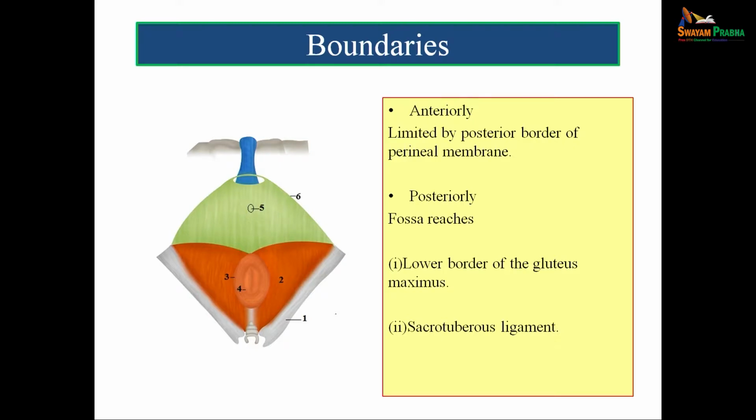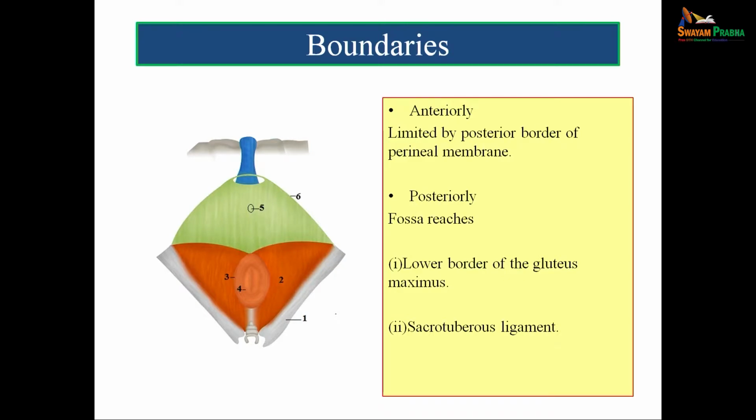So, this green structure which you see here, that is the perineal membrane. Its posterior border forms the anterior relation of the ischiorectal fossa. Posteriorly, the fossa reaches the lower border of gluteus maximus, and the sacrotuberous ligament is also forming the posterior boundary of the ischiorectal or ischioanal fossa.